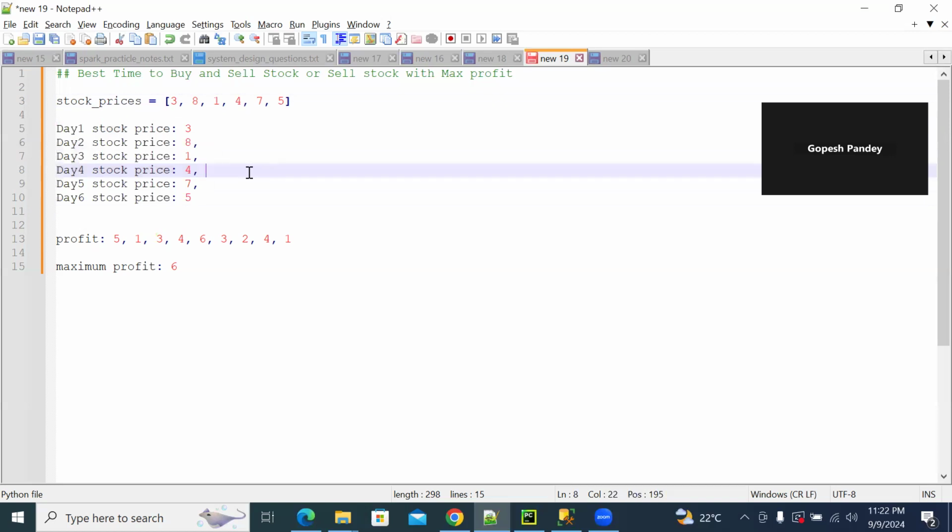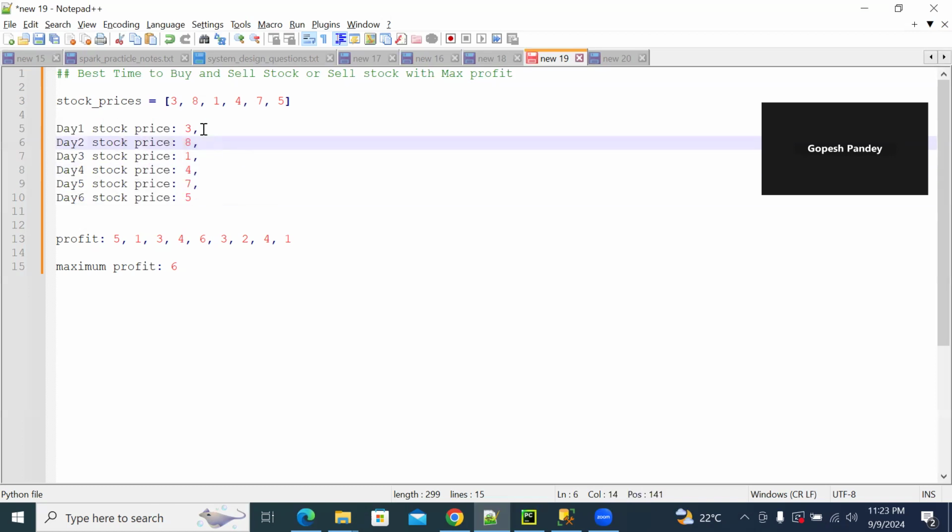Now, what you need to do here is get the right days: you have to buy the stock on a day when the stock price is low, and sell the stock on a day when the stock price has gone high, ensuring you get the maximum profit. So, let's start from the very beginning.